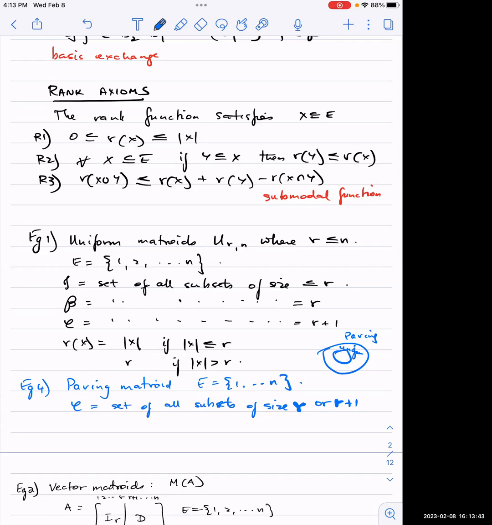The circuits are not just of size r plus 1, as in the case of uniform matroids, but also of size r. And there's this conjecture for which quite a bit of evidence has accumulated. Well, I don't know how much evidence, but a non-trivial amount. Almost all matroids are paving matroids.